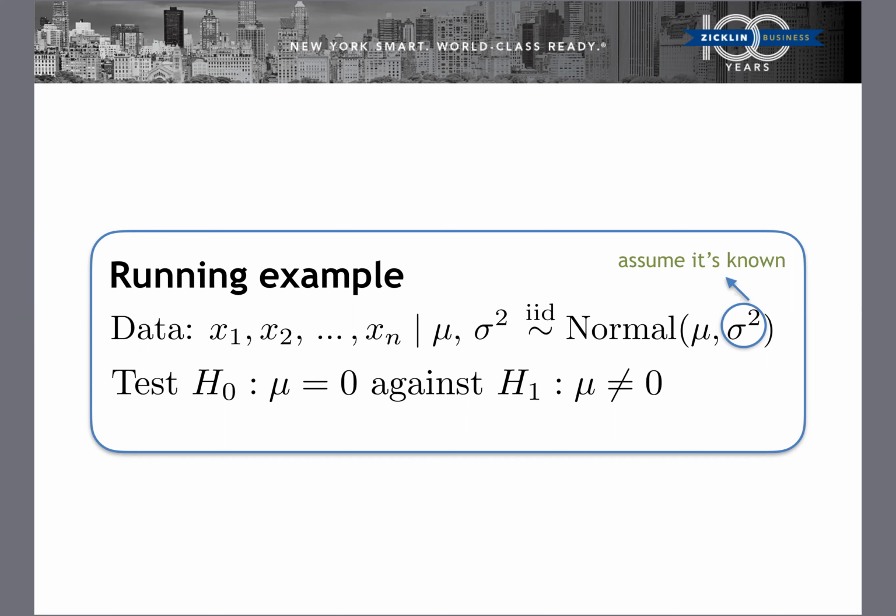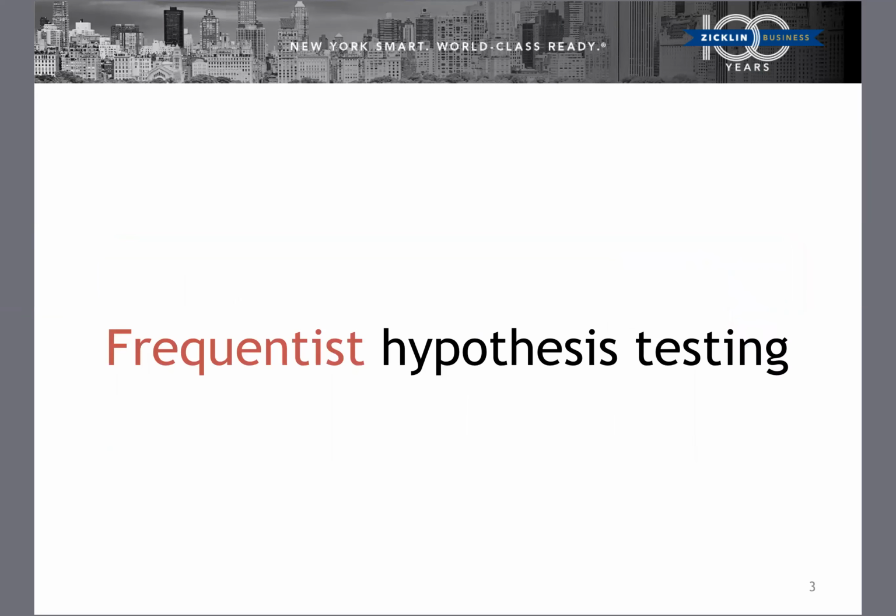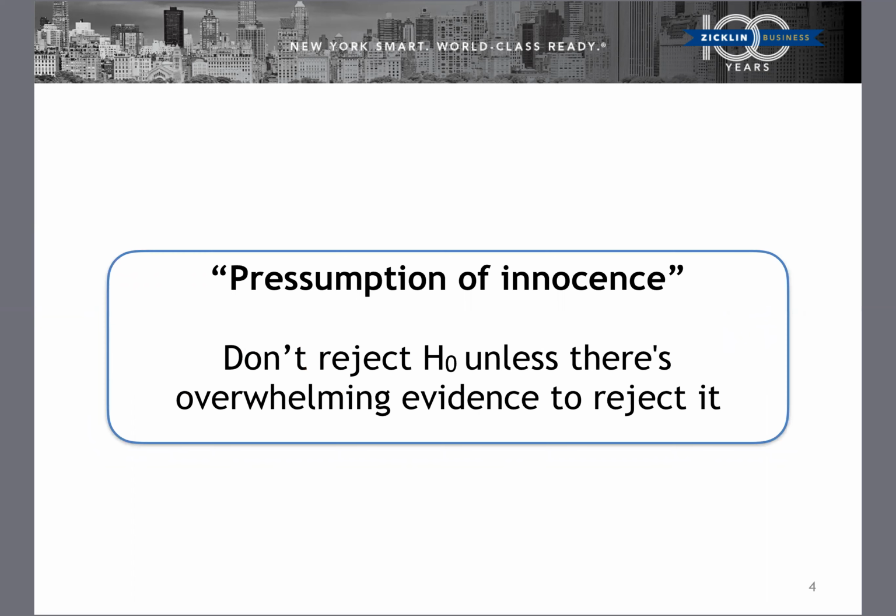Next slide. First, let me review frequentist hypothesis testing. In the hypothesis testing that you've seen before, it is sort of like a jury trial. We operate under a presumption of innocence.